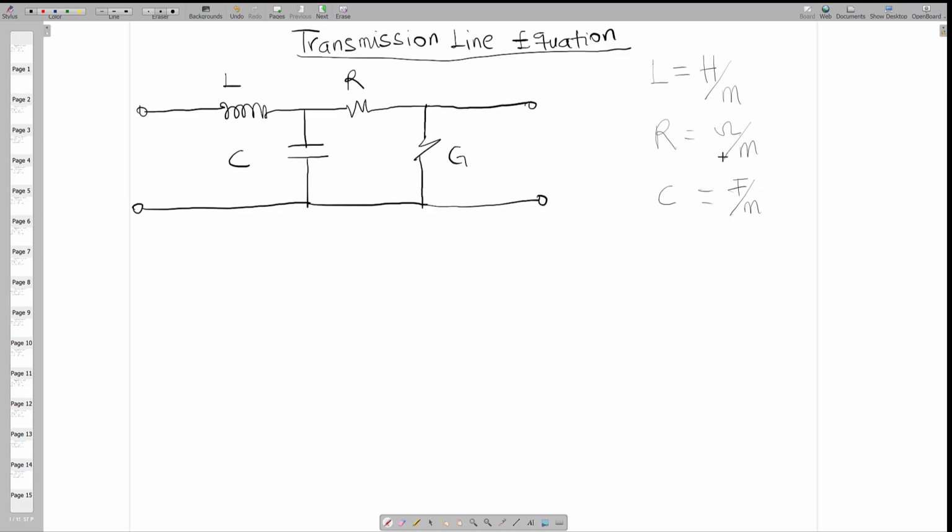But under transmission line theory, what we want is the absolute value for L, R, C, and G. So if you want the absolute value for these, you have to multiply this by M, so that this M cancels the M over here, and we will have H. That is an absolute value for L. The same thing will happen to the resistor over here.